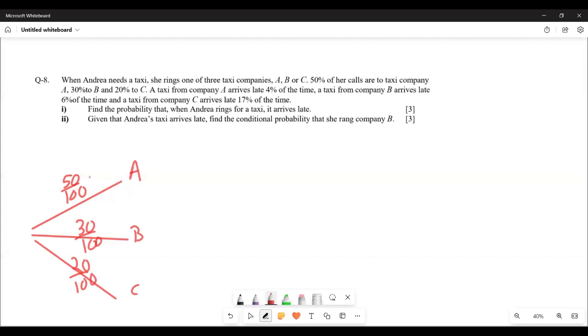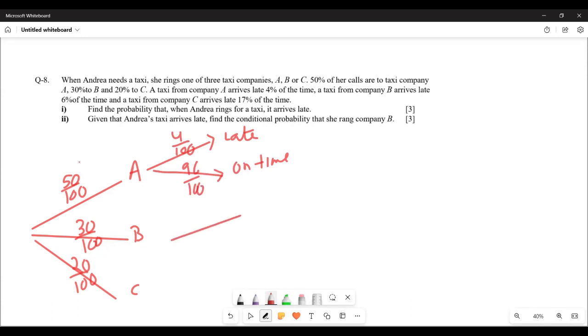A taxi from company A arrives late 4% of the time. So this taxi is going to be late with a probability of 4 by 100, and it's going to be on time with a probability of 96 by 100.